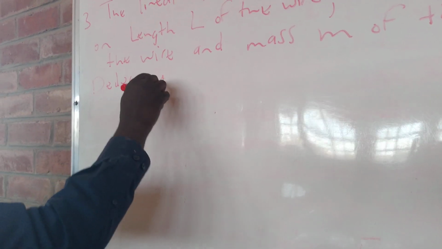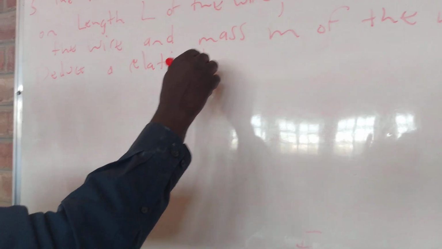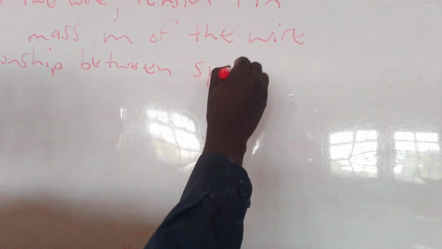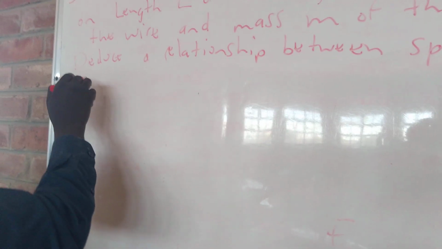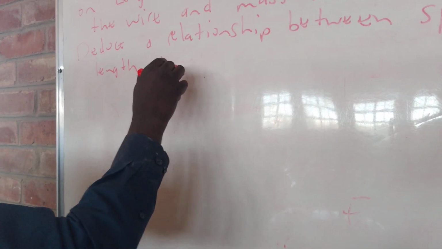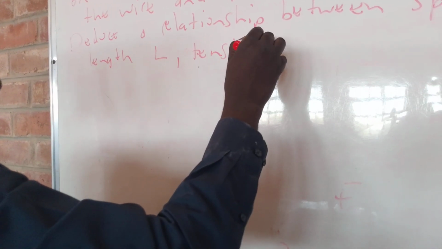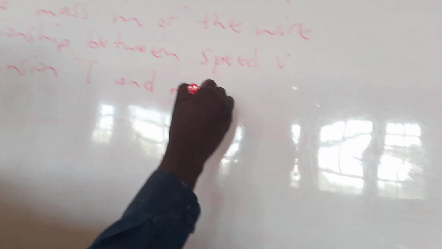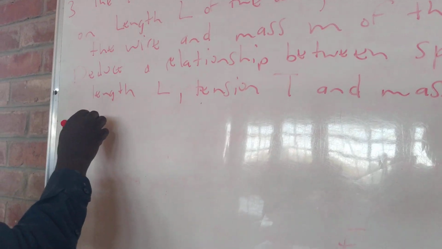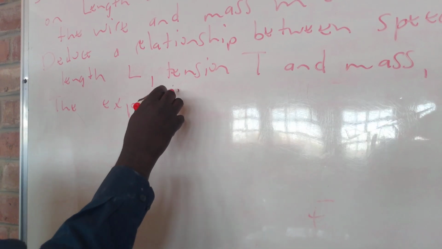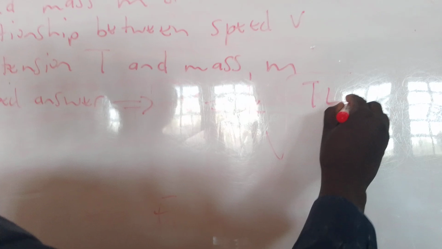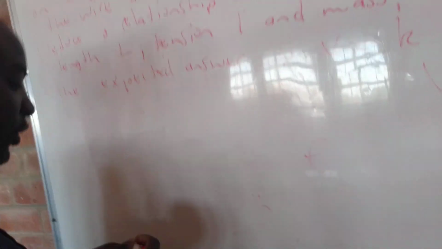Deduce a relationship between speed V, length L, tension T and mass M. The expected answer is V is equal to K root TL over M. Right.